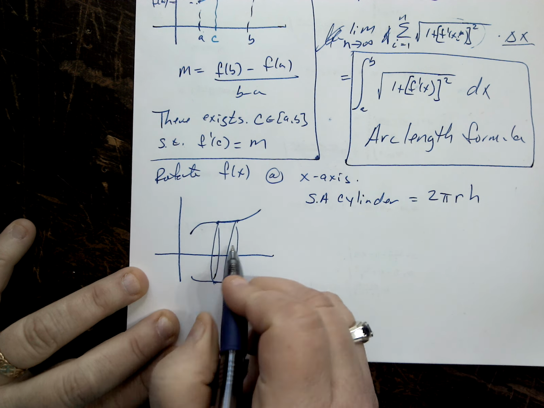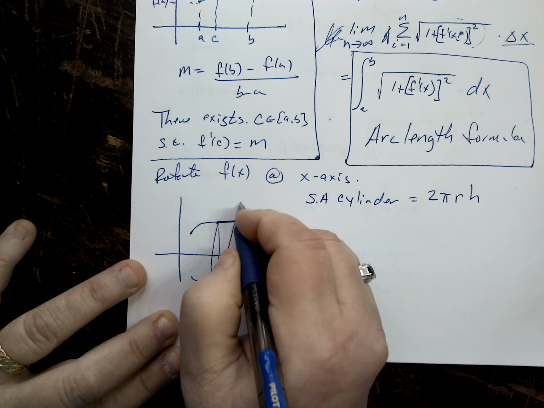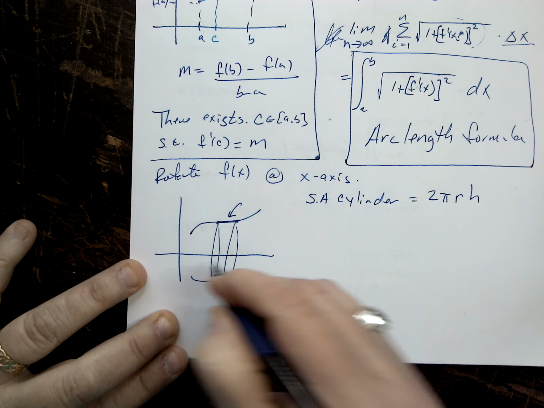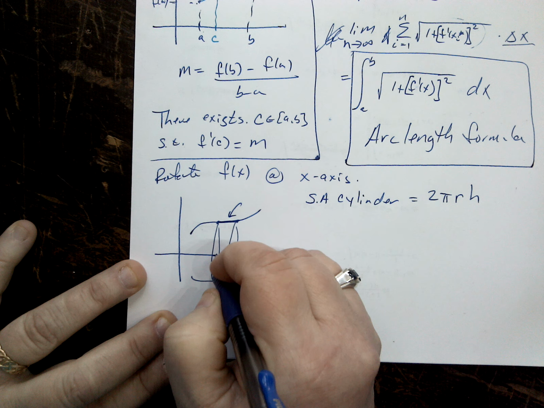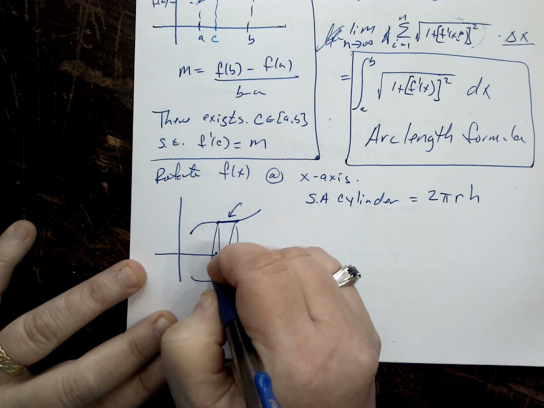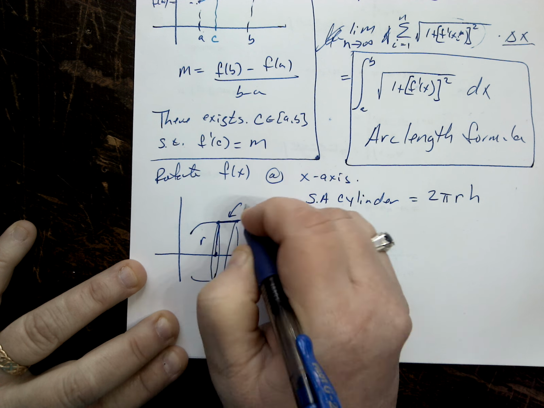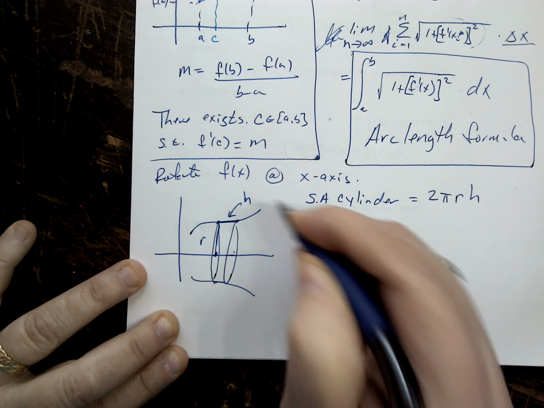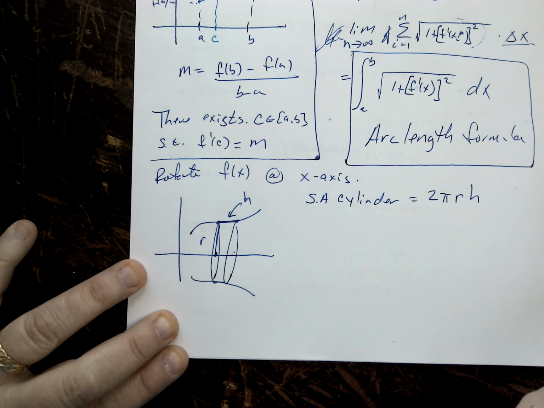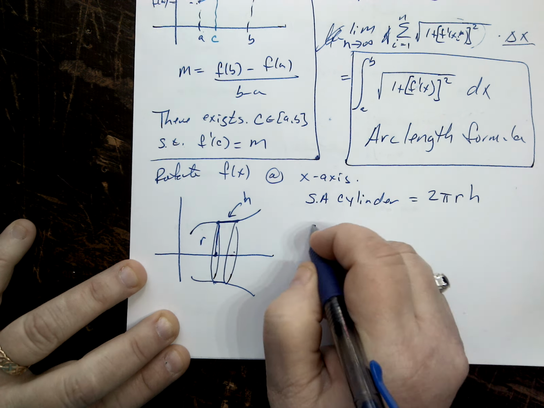Well, in this example, my height is my arc length, and the radius is the distance from here to here, which is just f of the function, or f of x.